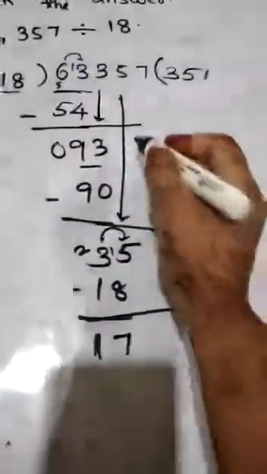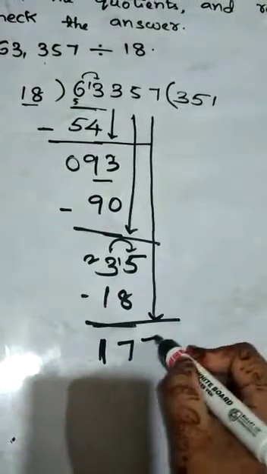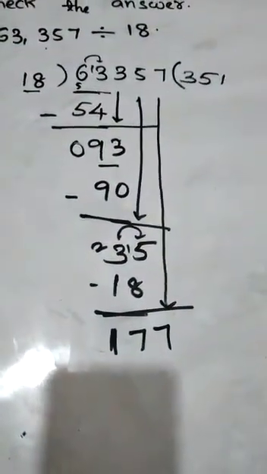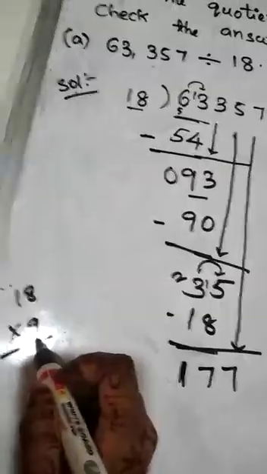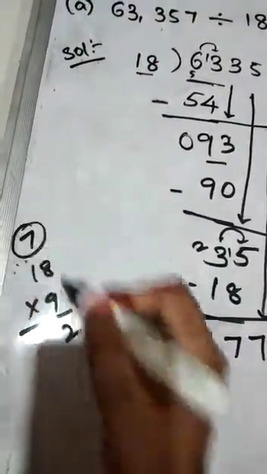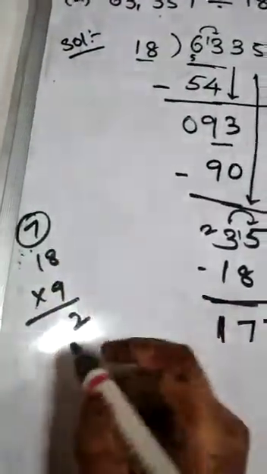So what is the next number here? 7. So it will become 177. So we have to search in the table. Let us do 18 nines are, 9 8s are 72. So 2 here, 7. 9 ones are 9 plus 7 is 16.